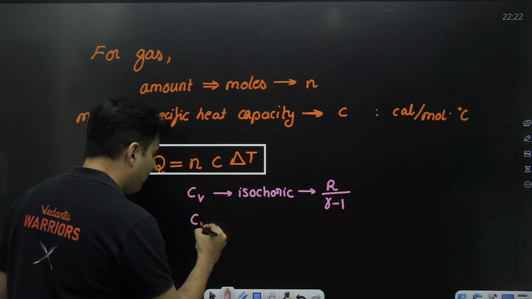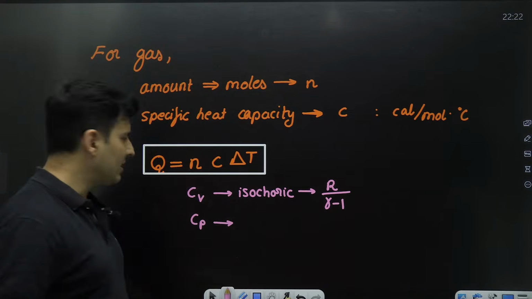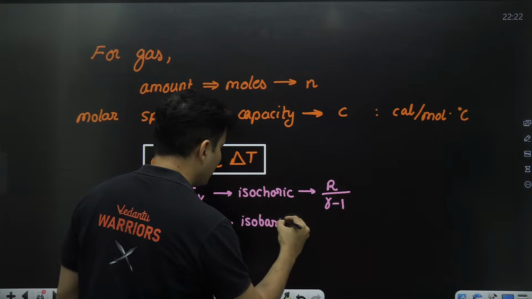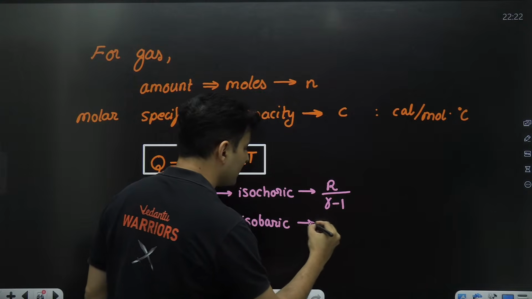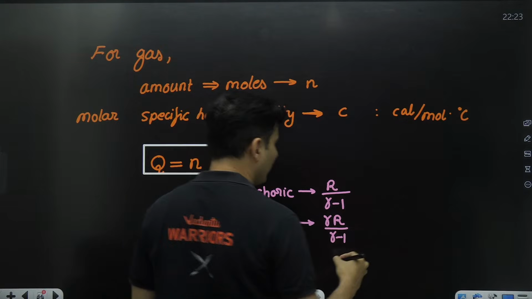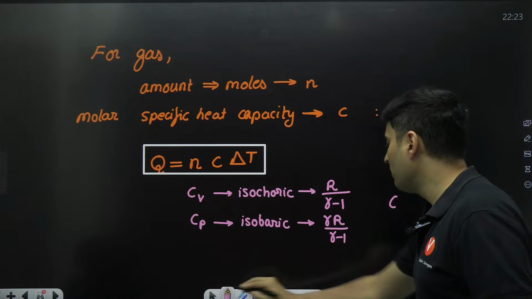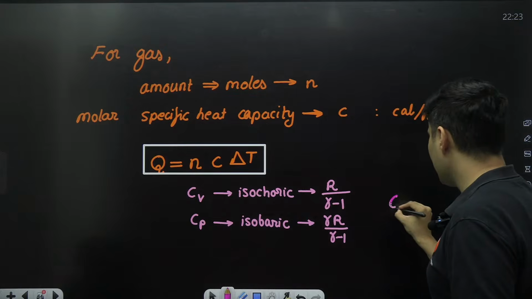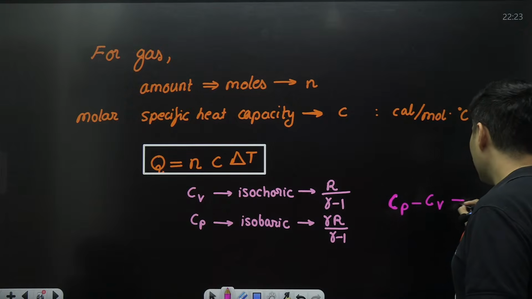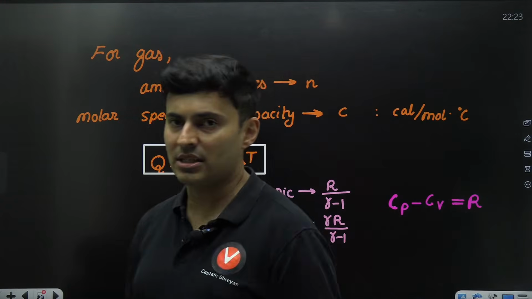If the pressure is maintained, you allow it to expand, but pressure is the same, then it is an isobaric process. In case of an isobaric process, it is gamma R upon gamma minus 1. And in fact, if you subtract these two, very, very important, guys, I think we have discussed this a number of times, Cp minus Cv is R, which is also called Mayer's relationship.